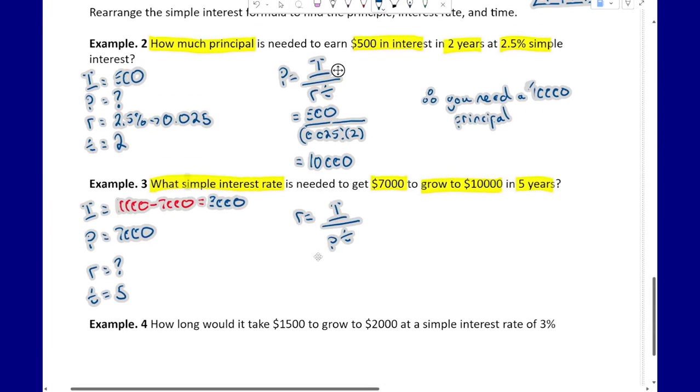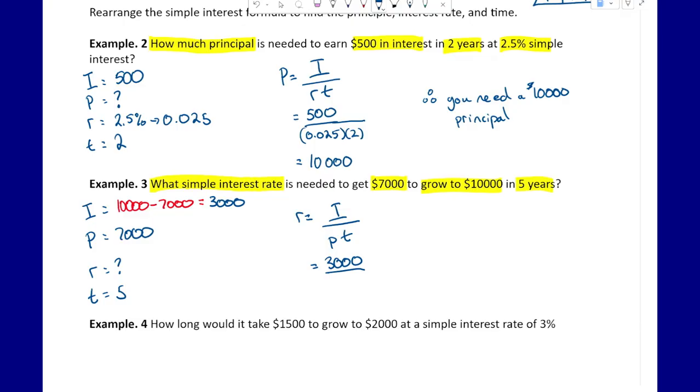I can go to my formula and plug in my values. I know the I is 3,000, divided by 7,000 times 5.